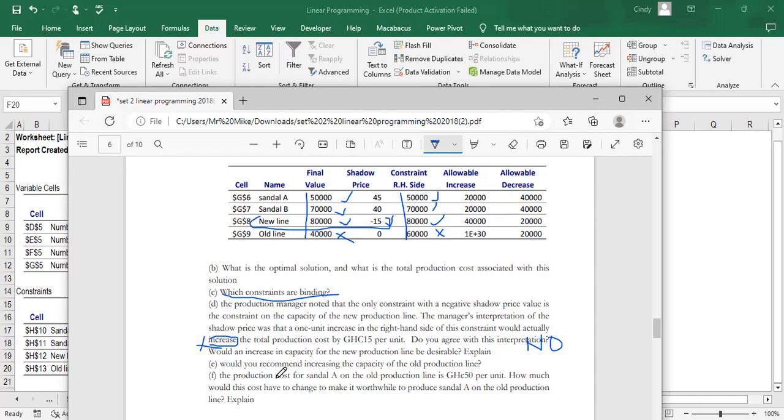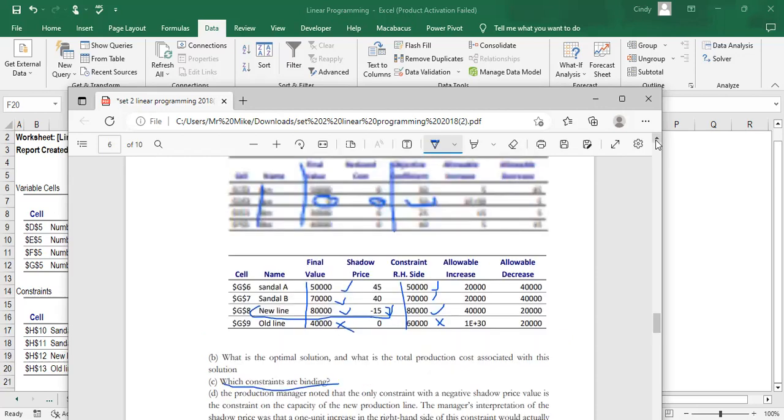All right, so the production cost for standard A on the old production line is 50. How much would this cost have to change to make it worthwhile to produce standard A on the old production line? What this question is telling us is that standard A on the old production line has a cost per unit of 50, but there's no value here, no product to be produced.